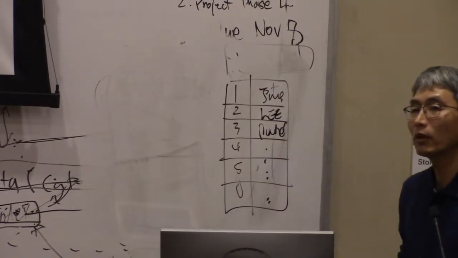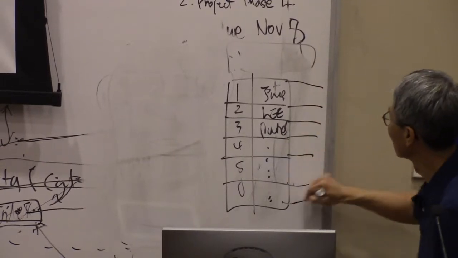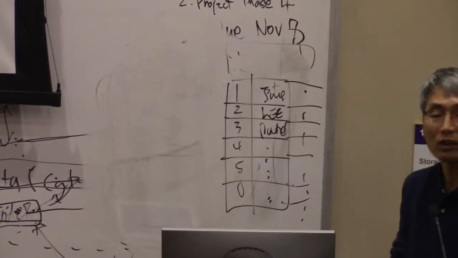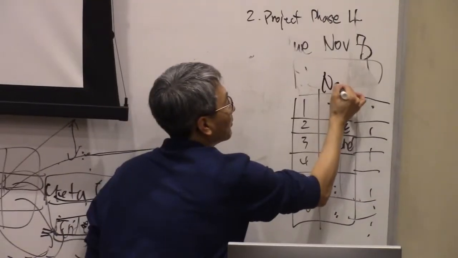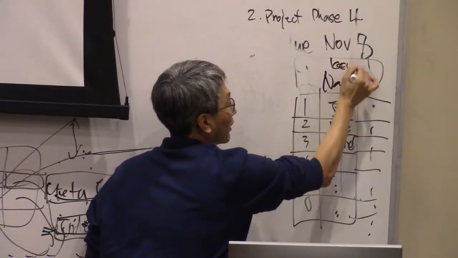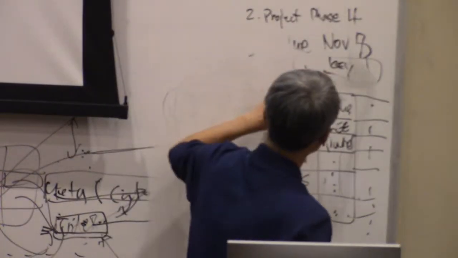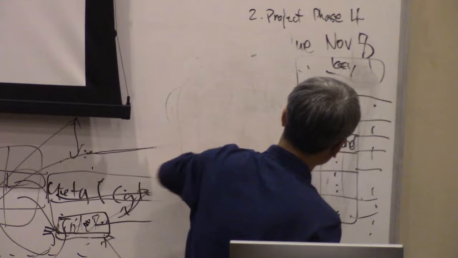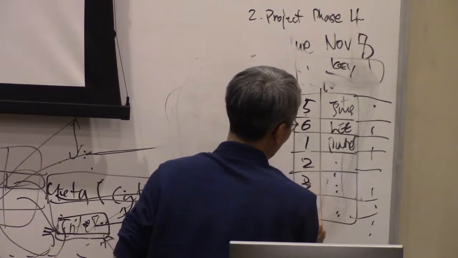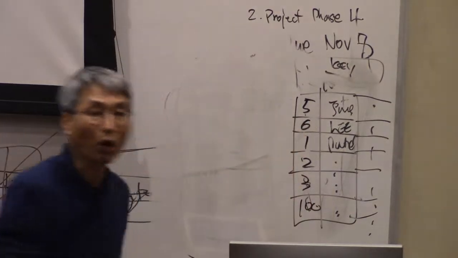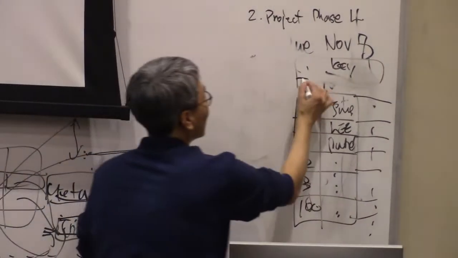So if you want to create the index, there are much more. So if you create the index for the name, this is the key. Okay? Or let's say, make the one realistic. 5, 6, 1, 2, 3, and 100. So it's an unordered file. We'd like to create the index for the ID.